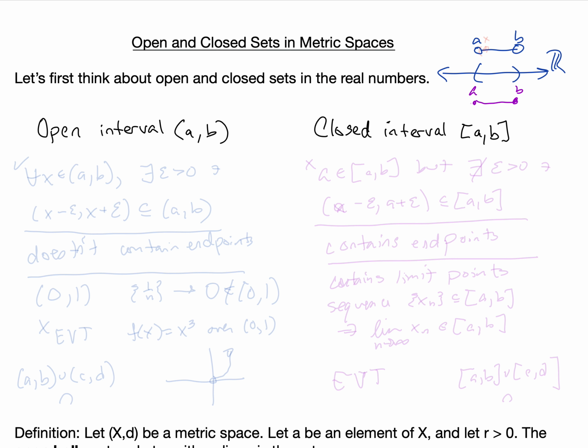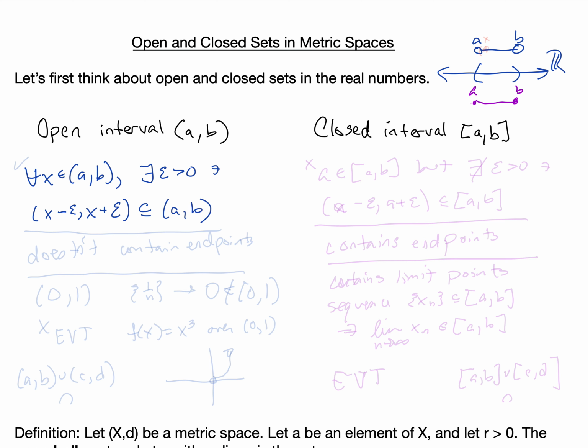If we're thinking about an open interval on the real number line, one property it has is that for any x in that open interval, there's a cushion around it that's also a subset of that interval. So there is some epsilon greater than 0 such that the open interval from x minus epsilon to x plus epsilon is a subset of the open interval AB.